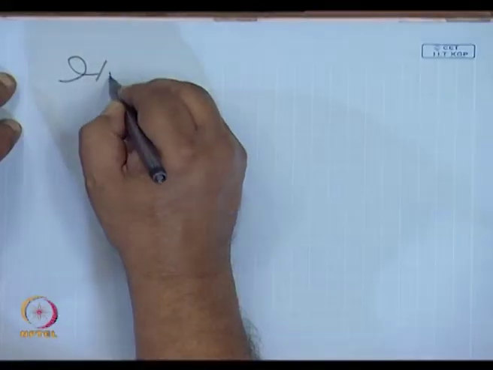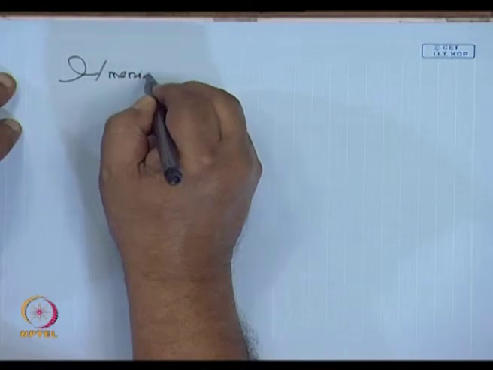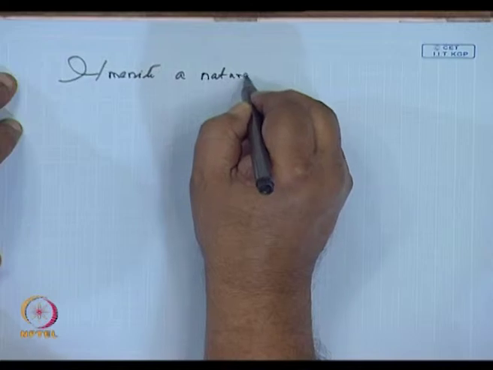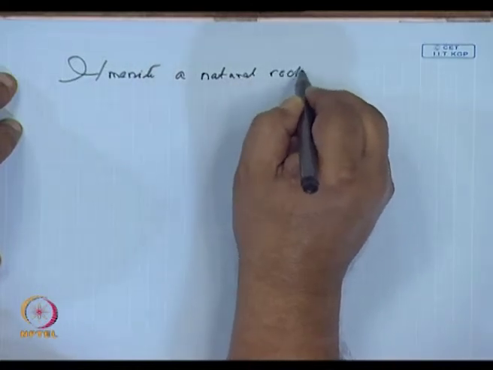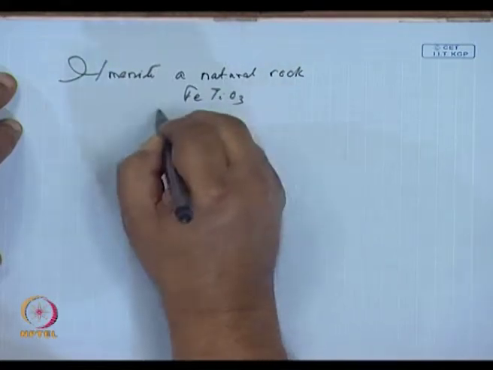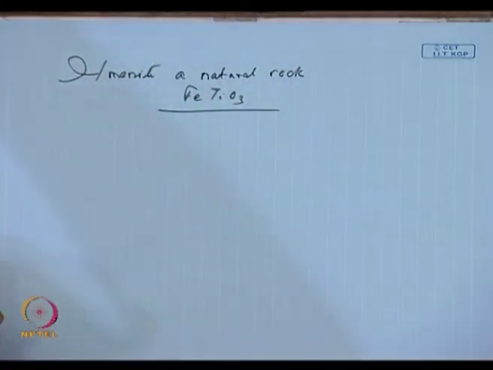And the source was ilmenite, a natural rock with a composition of FeTiO3. This occurs in huge areas, and we did not have a method of recovering titanium dioxide.